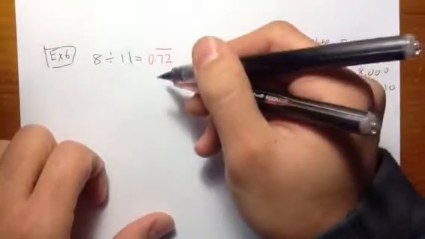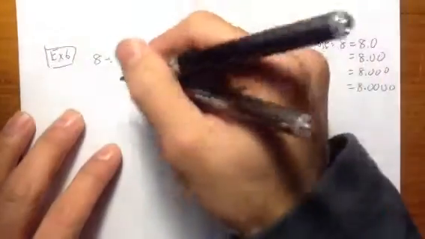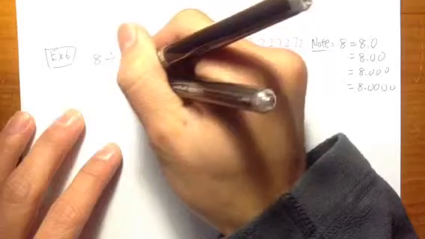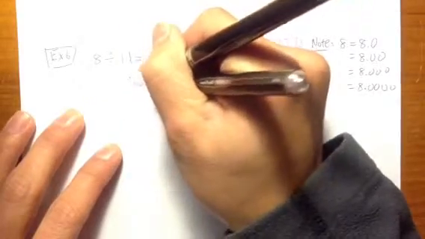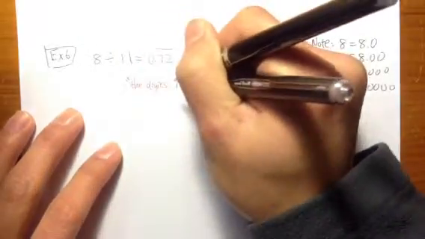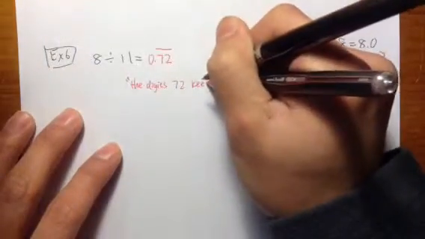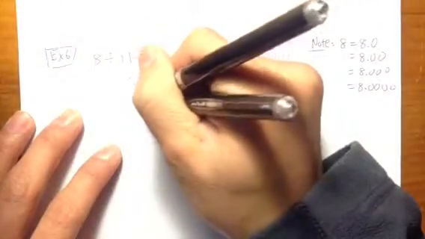This means the 7, 2 repeat. I'll say the digits 7, 2 keep repeating.